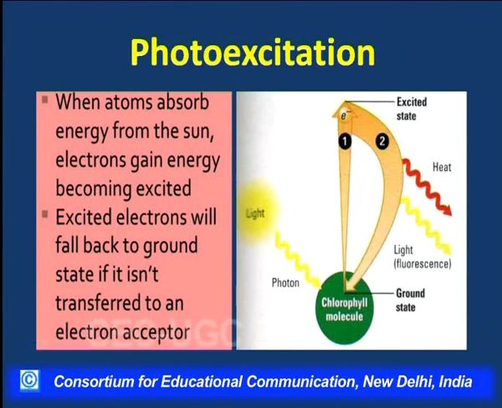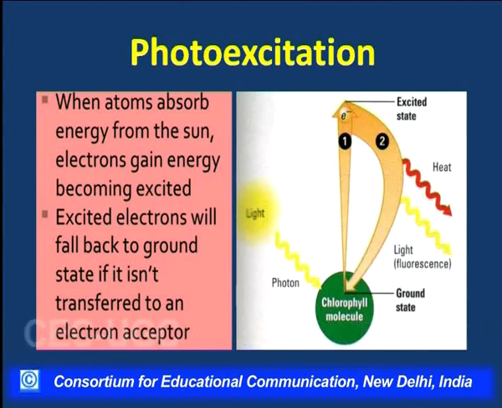So, when we talk of photoexcitation, we should remind ourselves that when a chlorophyll molecule absorbs energy from the sun in the form of photons or light quanta, earlier the chlorophyll was in a ground state, and now it is suddenly excited. This is such a quick process, which would run to about one millionth of a second, and it would mean that these excited electrons have to fall back to the ground state unless they meet somebody to run away with.